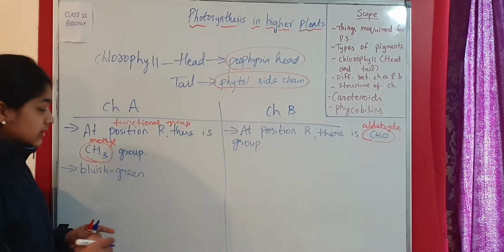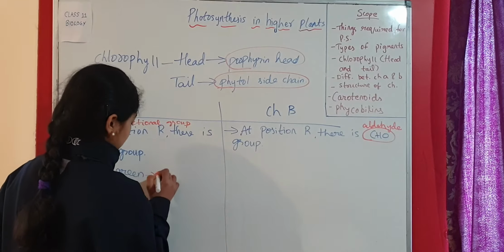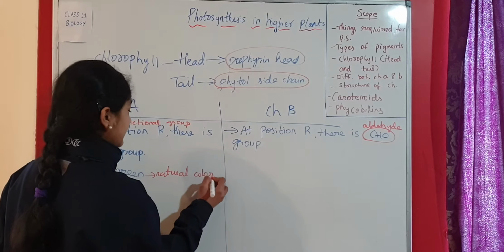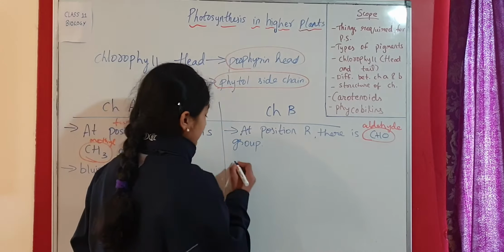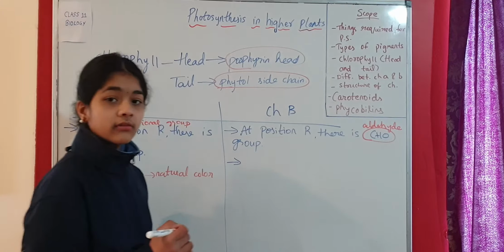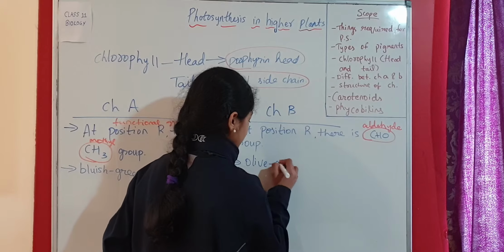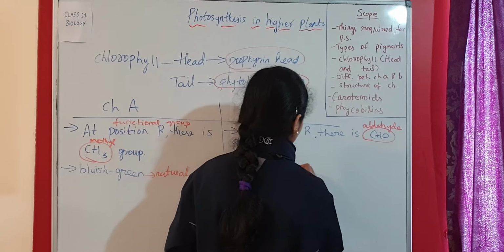So the natural color is bluish green for chlorophyll A. Chlorophyll B, the natural color is olive green. This is again the natural color.